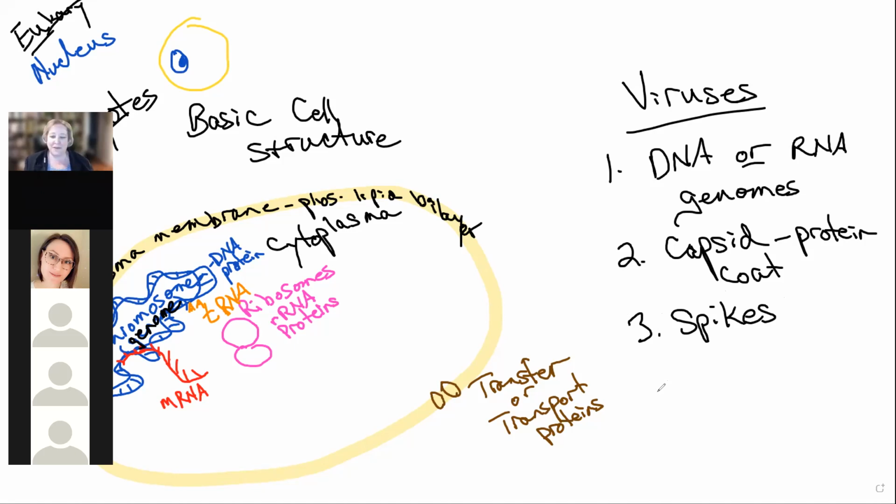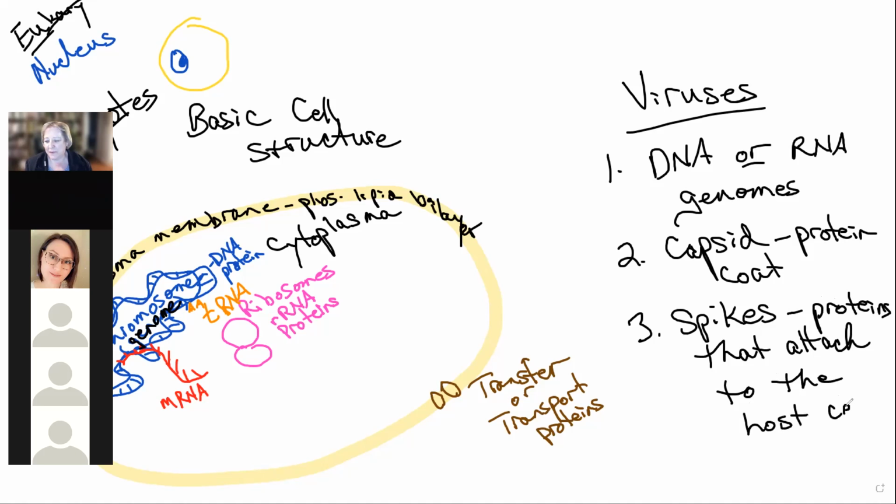You don't need to worry about it for this class. For this class, remember that there are spikes, which are proteins that attach to the host cell. Okay. All viruses have these three things.